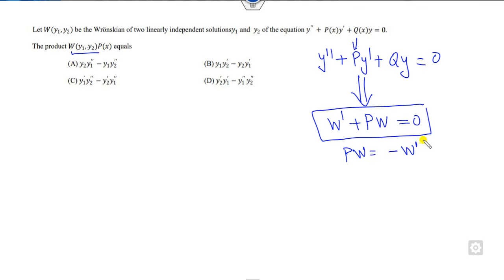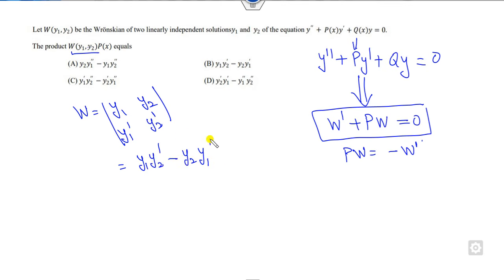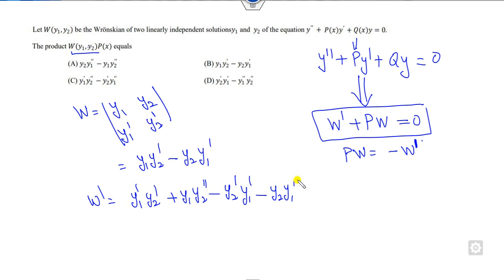Minus of here. So we all know the Wronskian is the determinant of y1, y2, y1 dash and y2 dash. This is my Wronskian. So if you solve them, y1 y2 dash minus y2 y1 dash. Our target is to find the derivative of this. So take the derivative, that will be the answer. By product rule, y1 dash y2 dash plus y1 y2 double dash, minus y2 dash y1 dash, minus y2 y1 double dash.